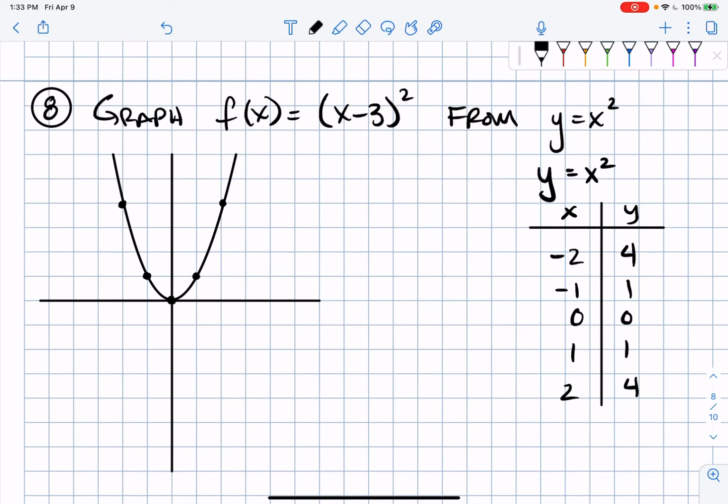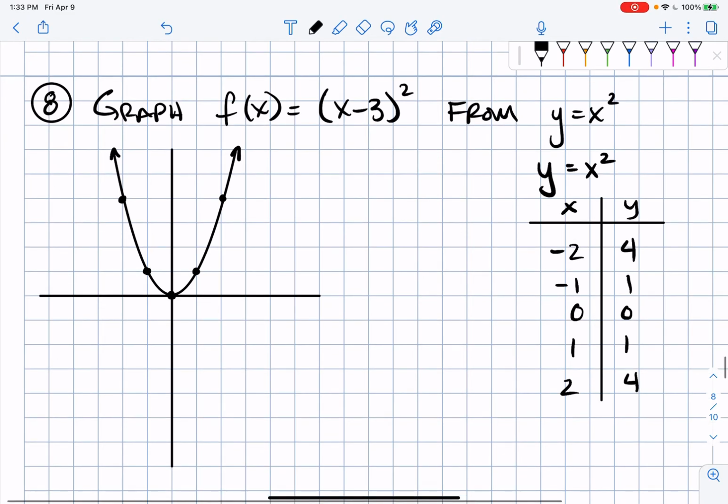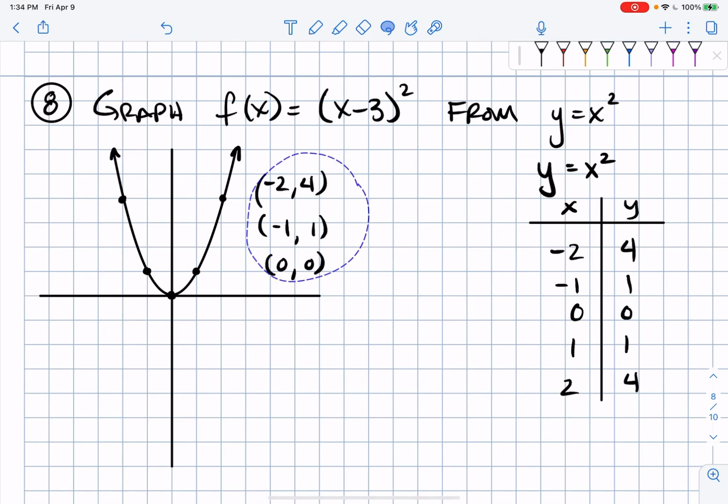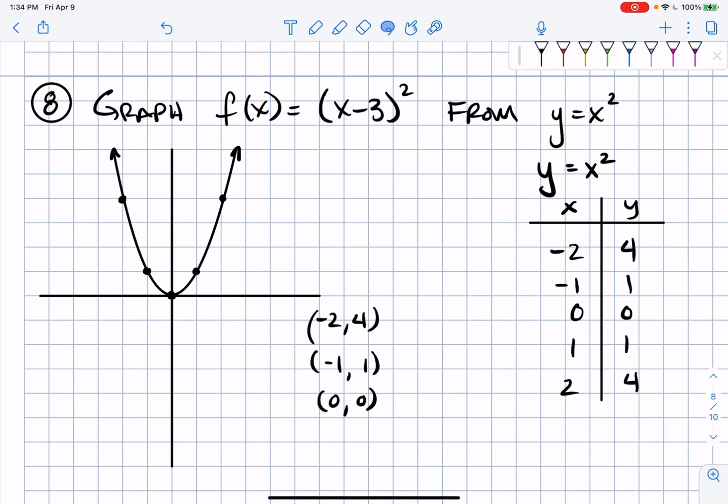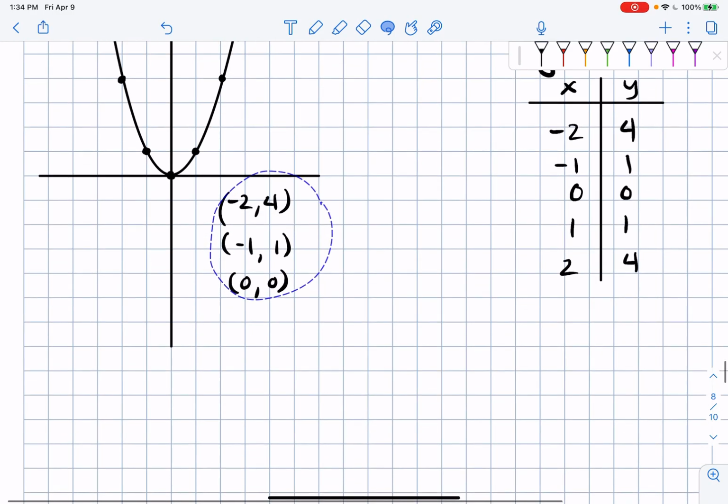All right, so this is my original parabola, okay? So again, I have these points right here, okay? So my original points are -2, 4, -1, 1, 0, 0. I should probably put this somewhere else. Hold on. Let me put it down here.